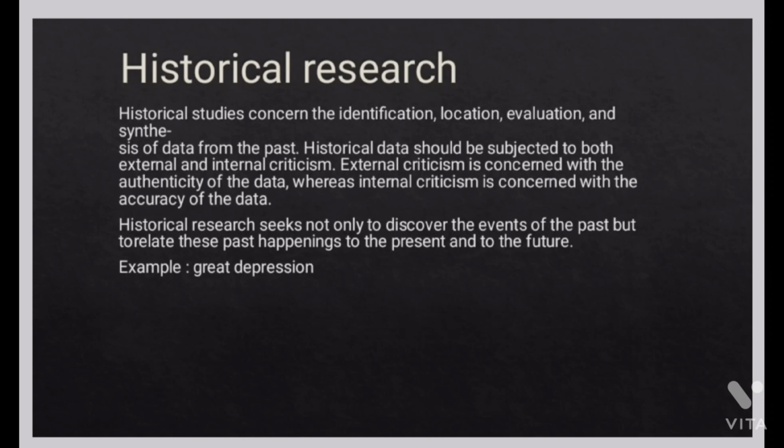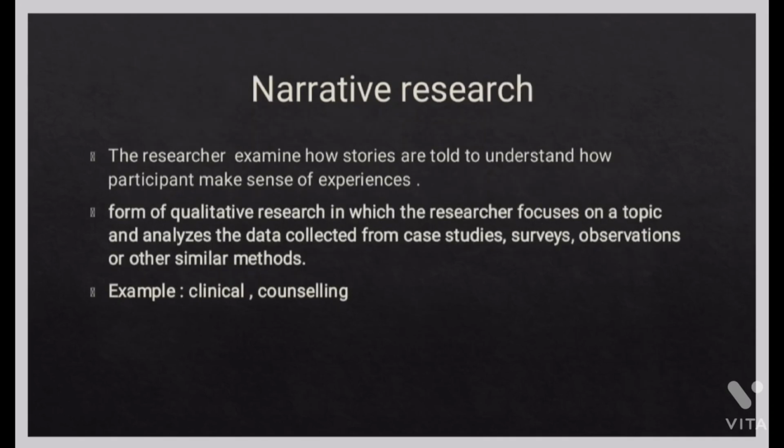If the friend summarizes and conveys it to another person, it is called secondary information. So in this research method, they use primary sources and secondary sources for their qualitative information.